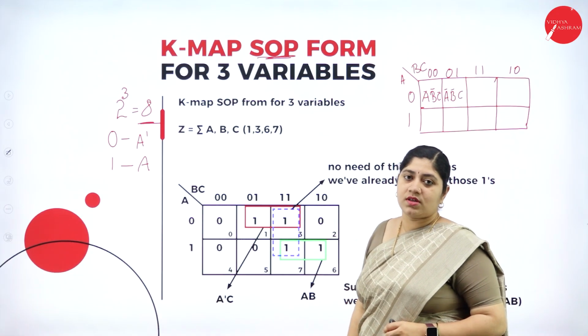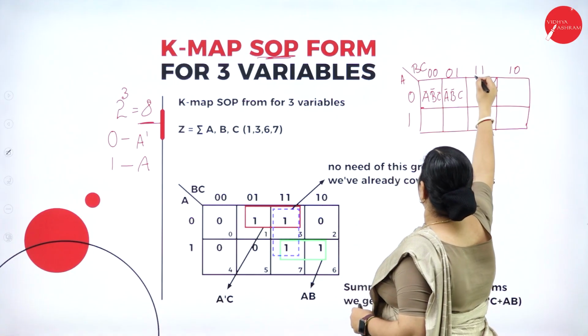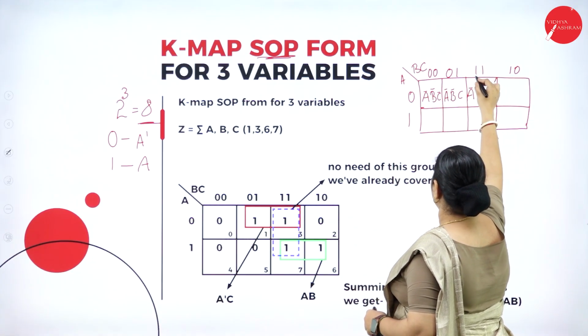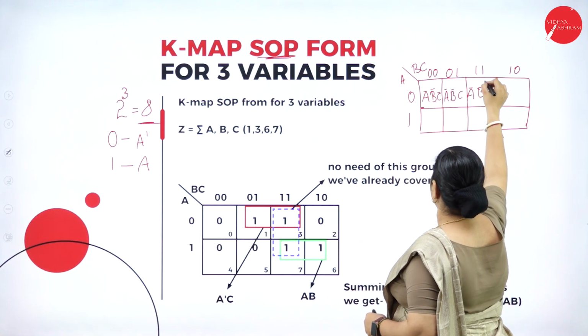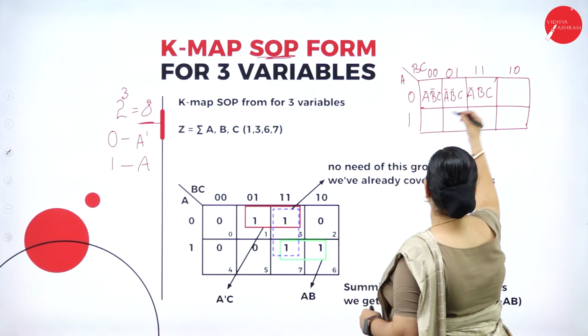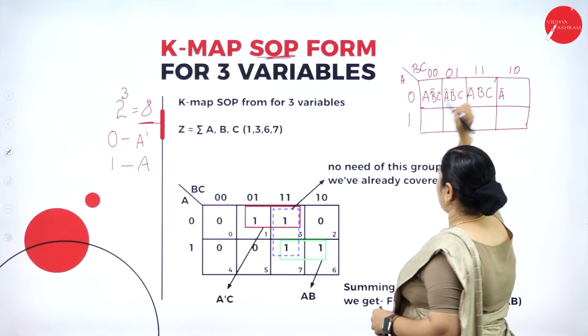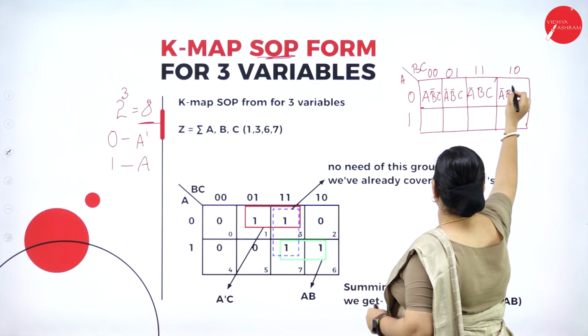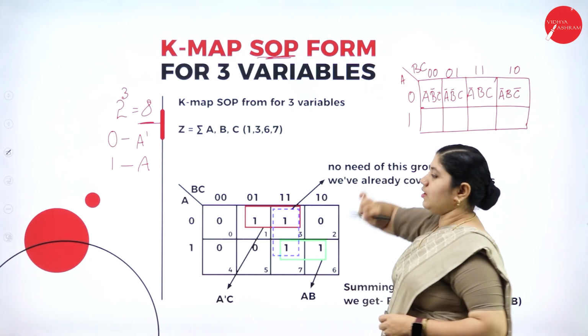Next, with respect to the third column, the first entry is A bar. Second, that's B because it's 1. Third, C because it's 1. Right. Done. Next, 0. So A bar followed by B is 1, so we can directly write it as B. C is 0, so C bar.